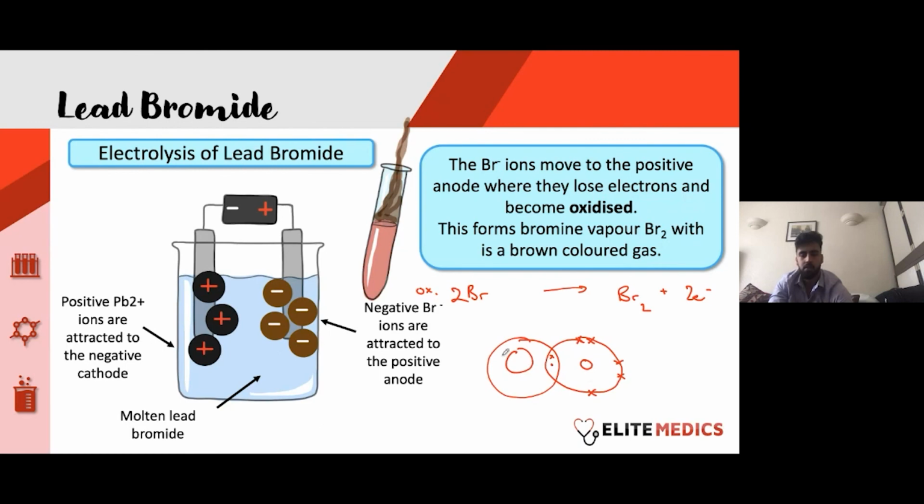And then this will be 1, 2, 3, 4, 5, 6. This will probably be a double bond, isn't it?